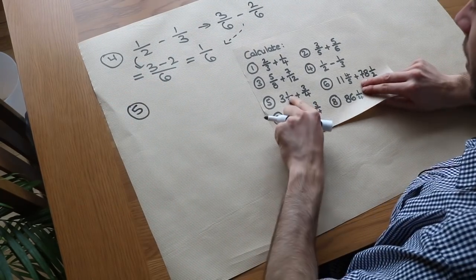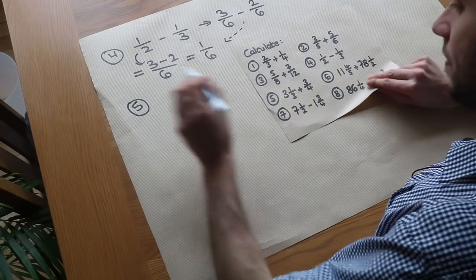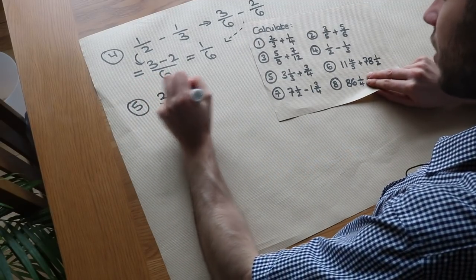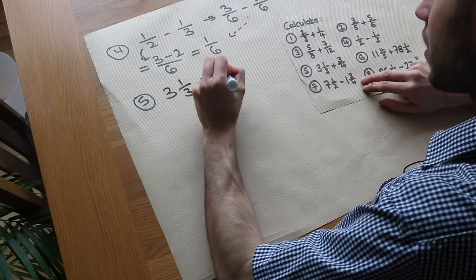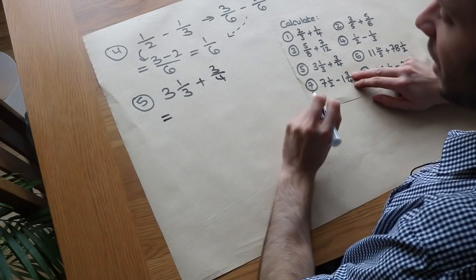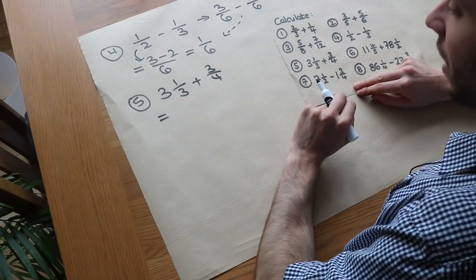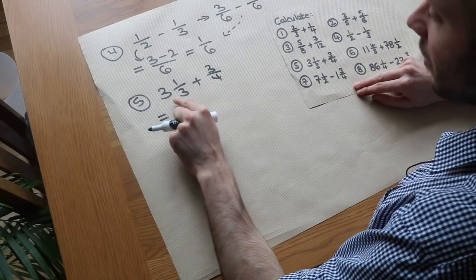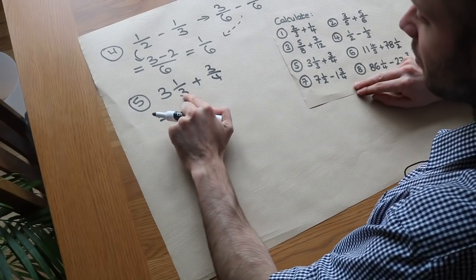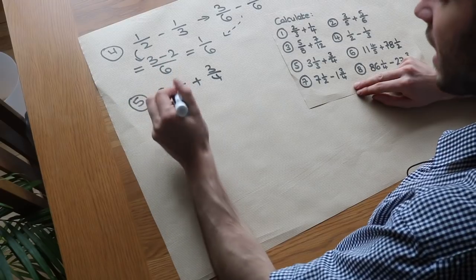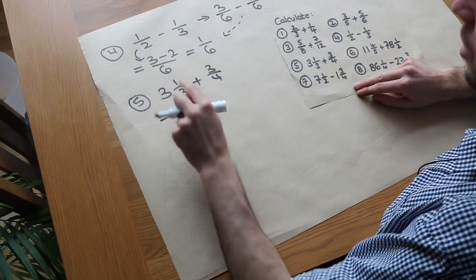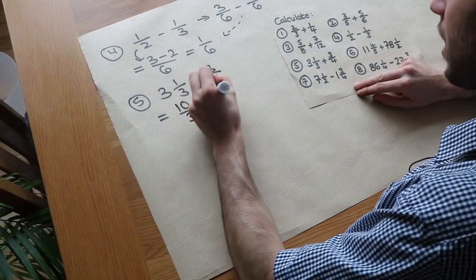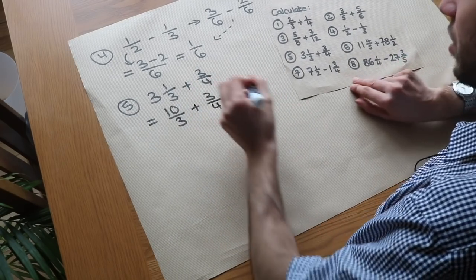What about the next one? Now we've got some mixed numbers in there. So 3 1/3 plus 3/4. What we could do is convert that to an improper fraction first. So to convert that to an improper fraction, we do 3 times 3 is 9, plus 1 is 10. So it's 10 over, and we use the same denominator, plus 3/4. So we do the same thing as before.